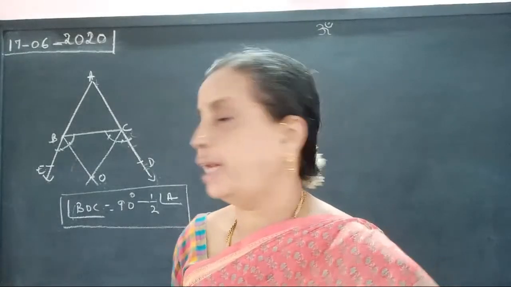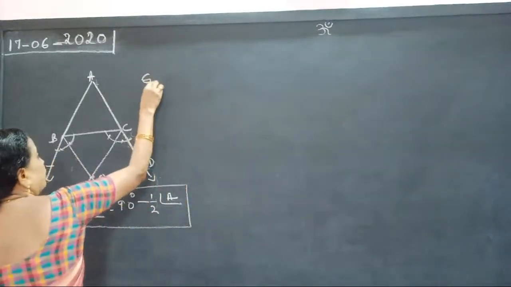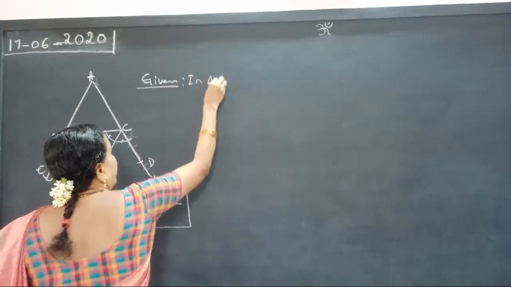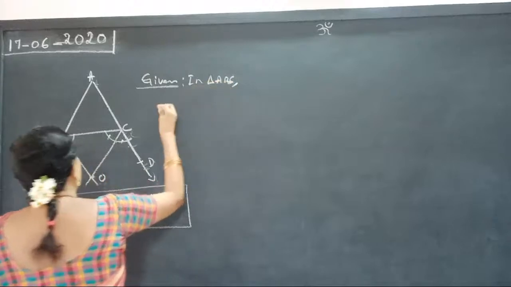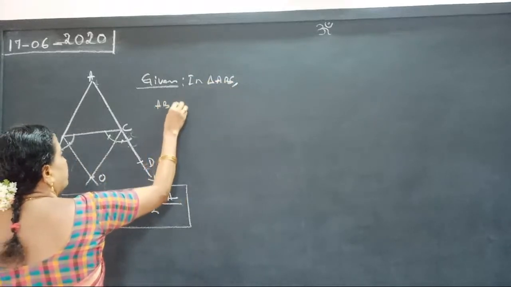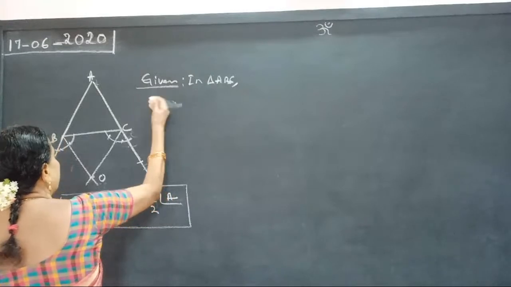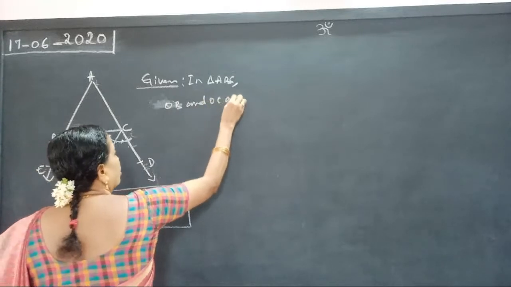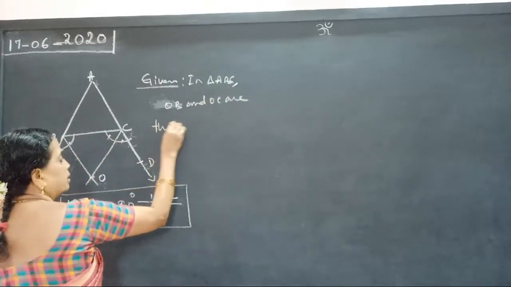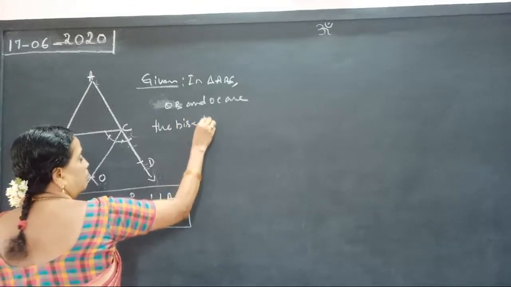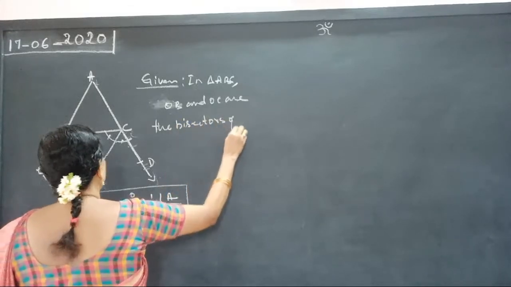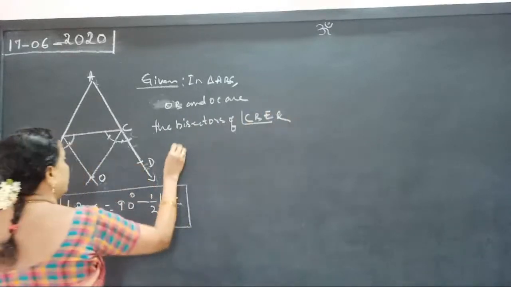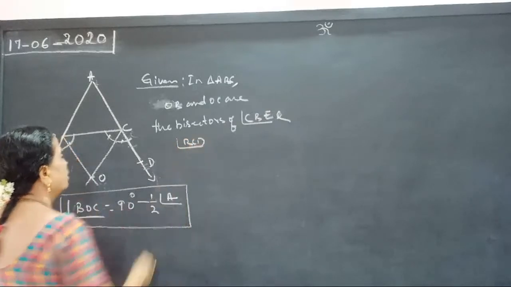Okay, right. Given in triangle ABC, OB and OC are the bisectors of angle CBE and angle BCD.